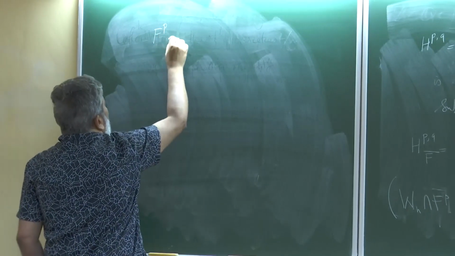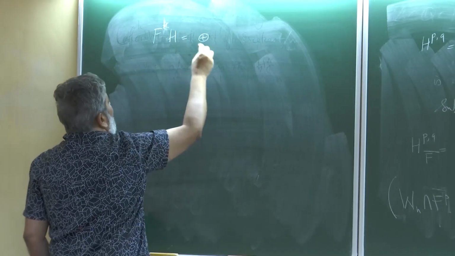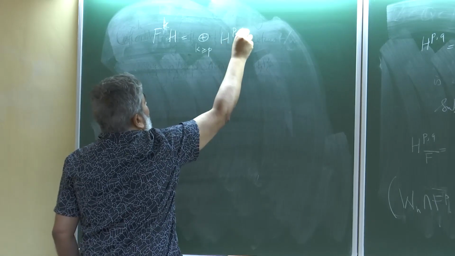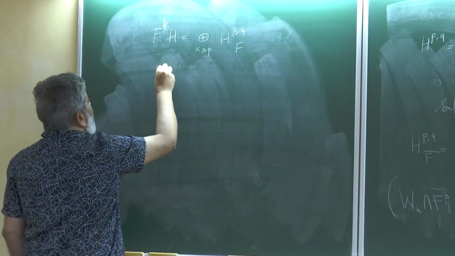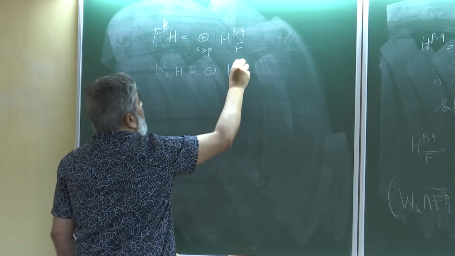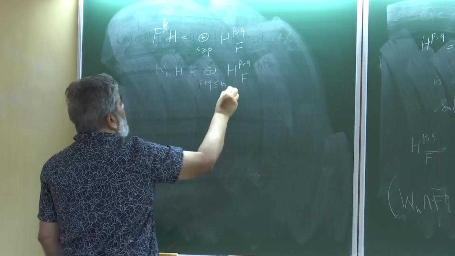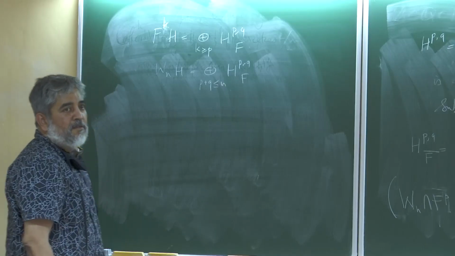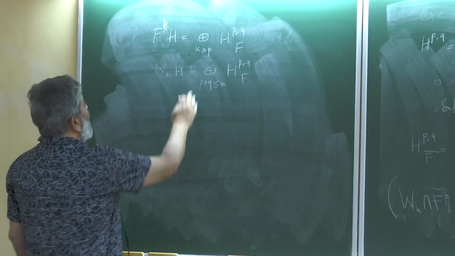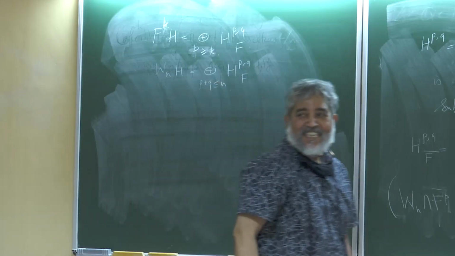F^p of H is the direct sum over k greater than or equal to p of H^{p,q}, and W_n H. Now I should be careful.